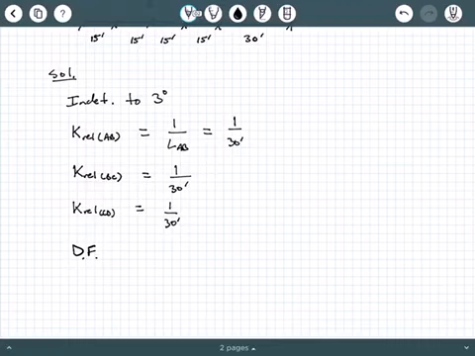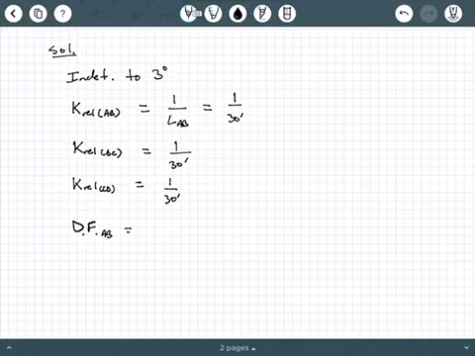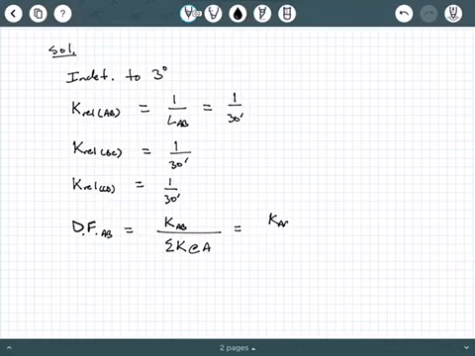So the first thing I'm going to have is distribution factor AB, that's in the span AB, but relative to A, okay? So when we crank that through, it's the stiffness of the span you're in, in this case AB, divided by the sum of the stiffnesses at A. So that would be KAB divided by KAB plus infinity.